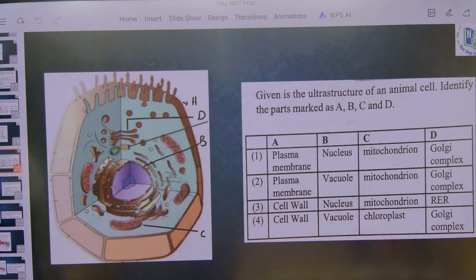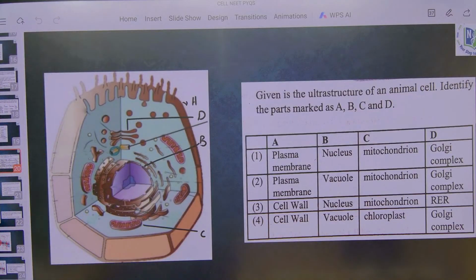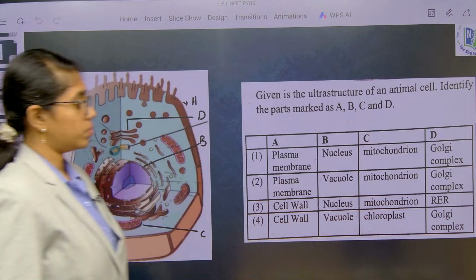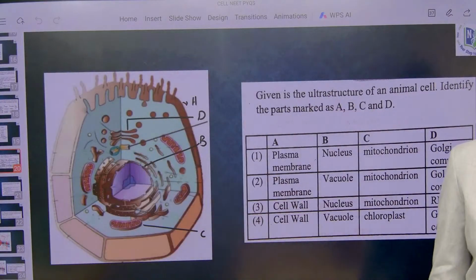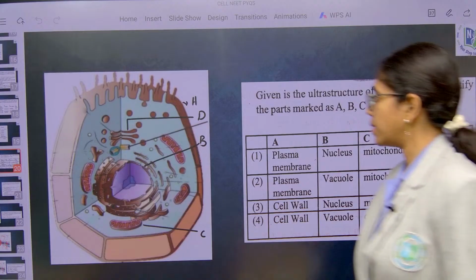And one more question on diagram-based fluid mosaic model, and then we'll end. First option, we'll see.